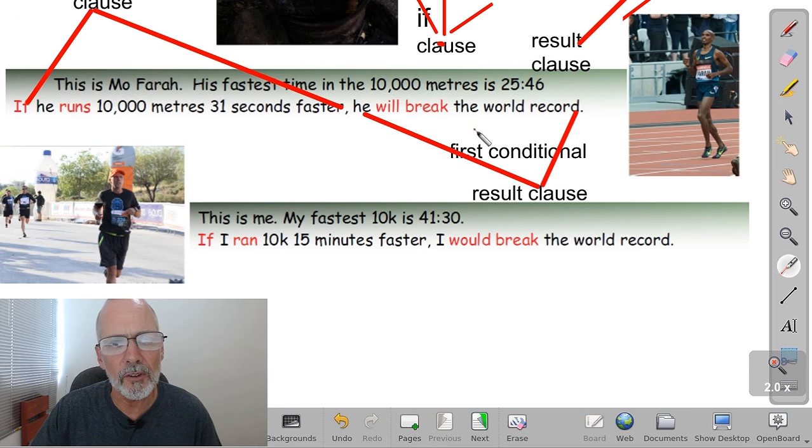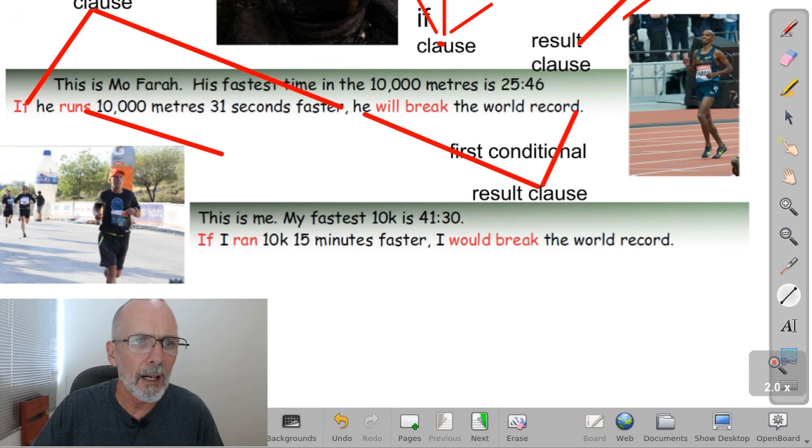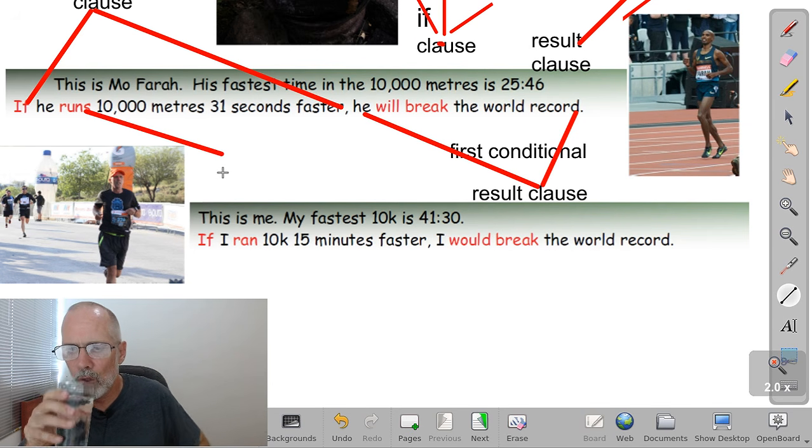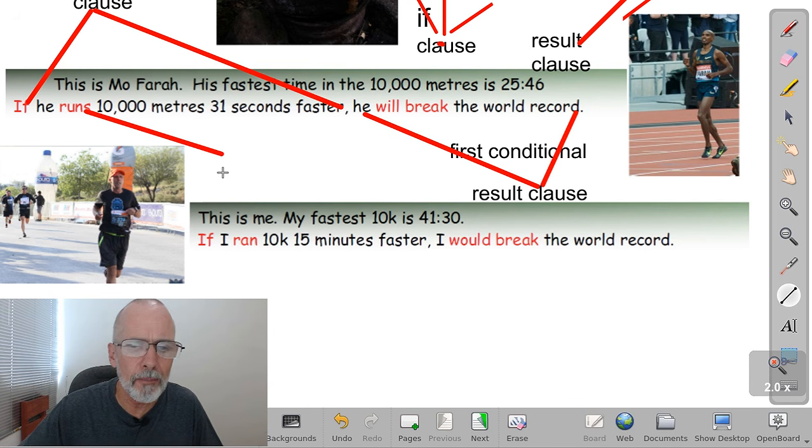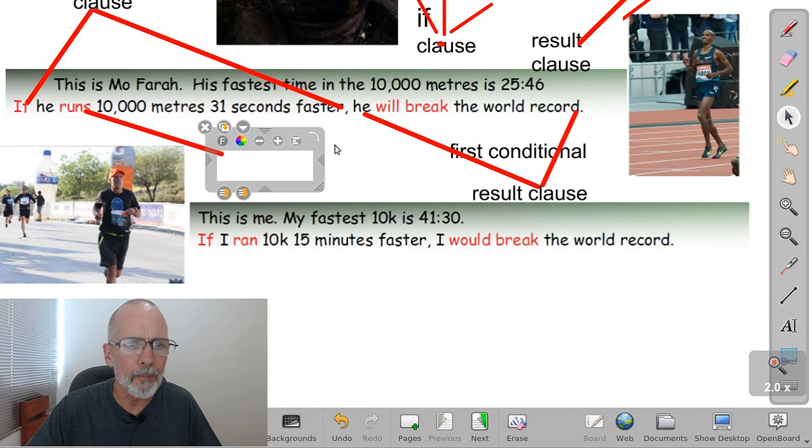Viviana says past. Yeah, very good. If you notice, the verb here with Mo Farah, as somebody already noted, is in the present simple tense. Runs, present simple.